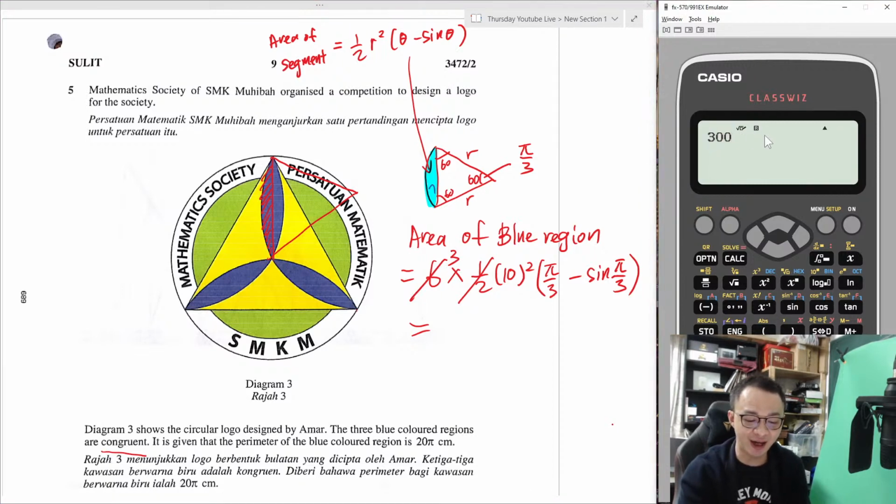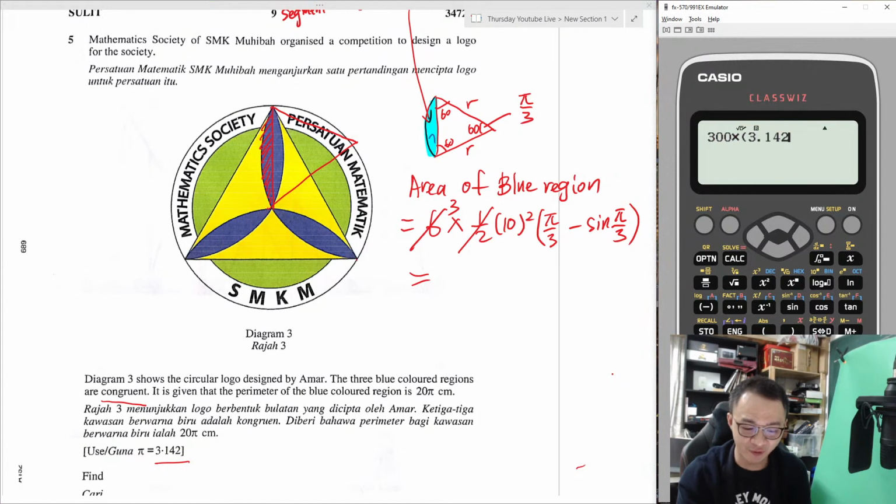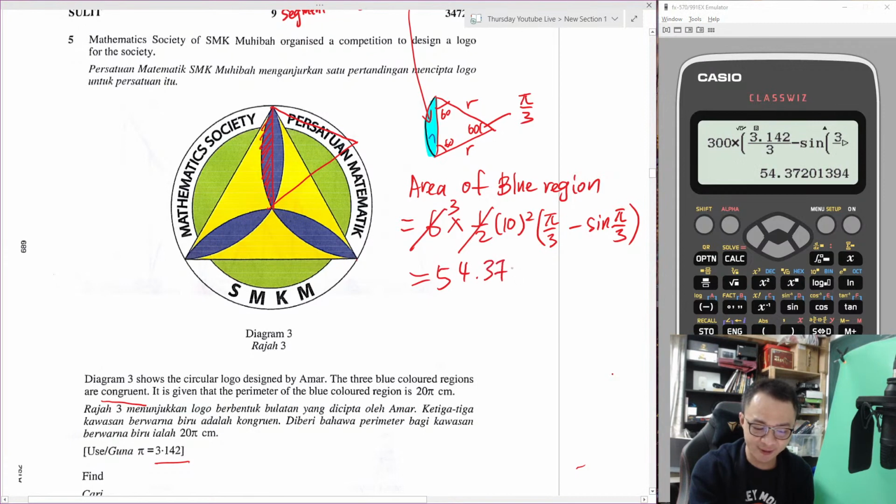Make sure you calculate it in radian because I'm going to type the sine pi over 3. So 300 times bracket pi, we need to use the given pi or else we'll get a less accurate answer. This is something I don't like about SPM. They force us to use the pi value given. 3.142 over 3 minus sine 3.142 over 3. Close the bracket, enter. So the blue color region is this value, centimeter square, I believe.